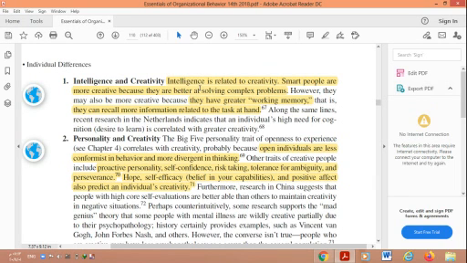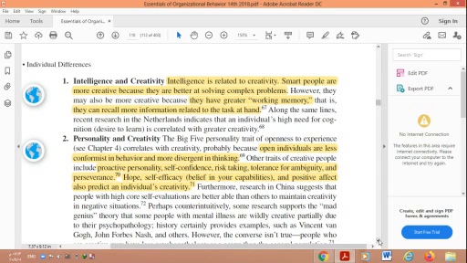So smart people are more creative because they are better at solving complex problems and analyzing the problems, and they have greater information and working memory, and they can recall more information related to the task at hand. So intelligent people, of course, are creative people because they know how to deal with complex problems, and they have lots of information and alternatives for solving those problems.